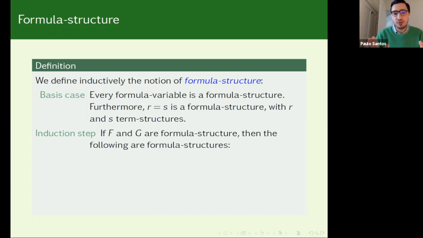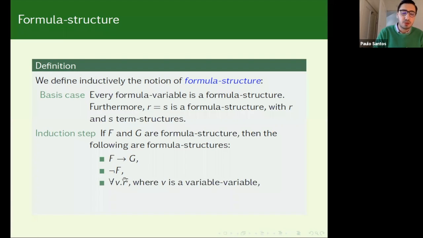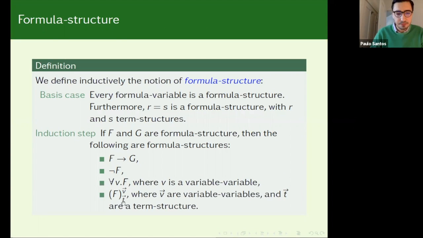If we are given two formula structures, F and G, the following are also formula structures. F implies G, not F, for all V F, and here V is not a concrete variable, but it is a variable variable. And again, the substitution is dealt with in the sense that I've previously mentioned for terms.